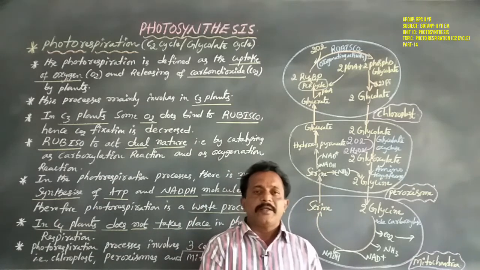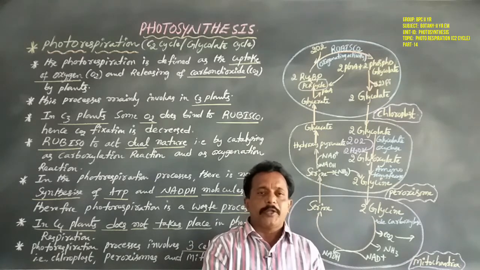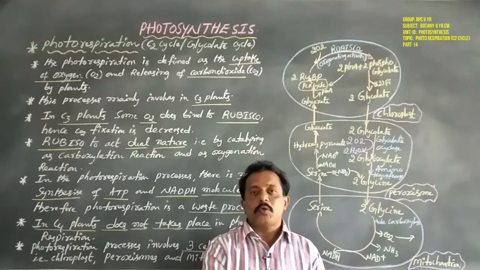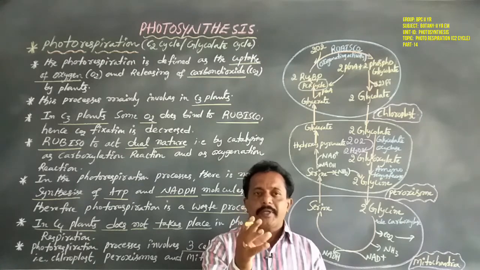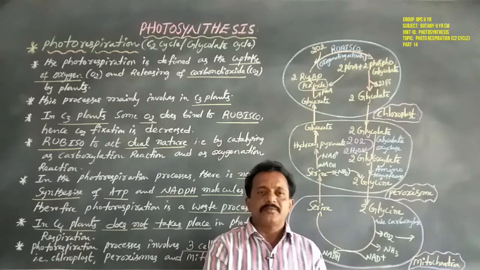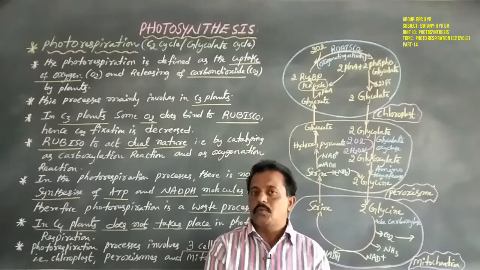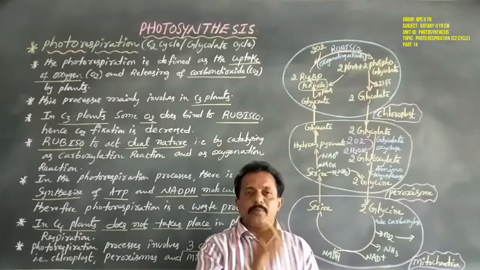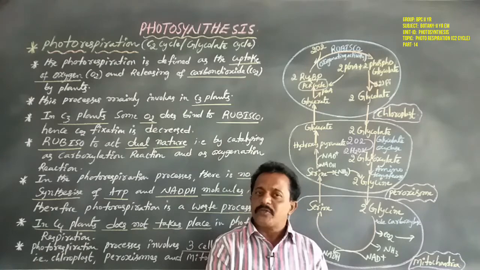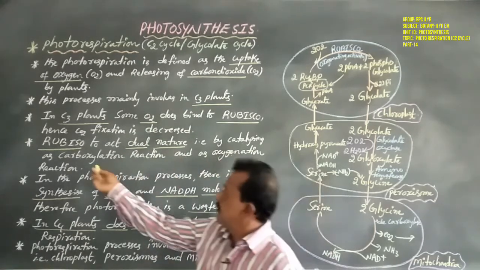In the total plant kingdom, the most abundant protein is the rubisco enzyme. The most abundant protein or enzyme in the plant kingdom is named rubisco. Rubisco means ribulose 1,5-bisphosphate carboxylase and oxygenase.